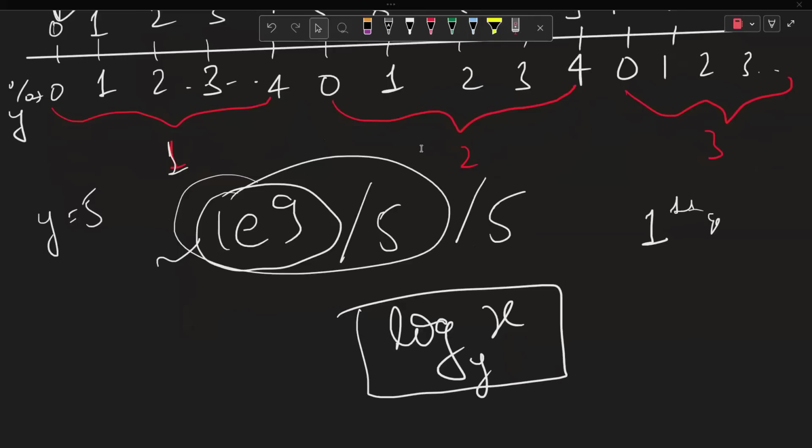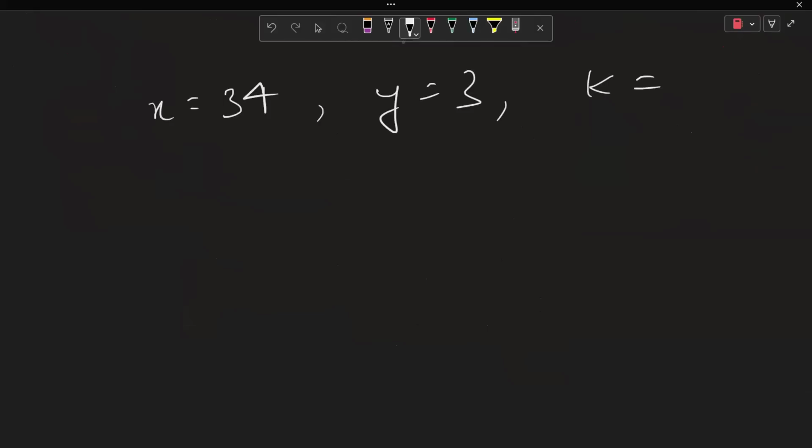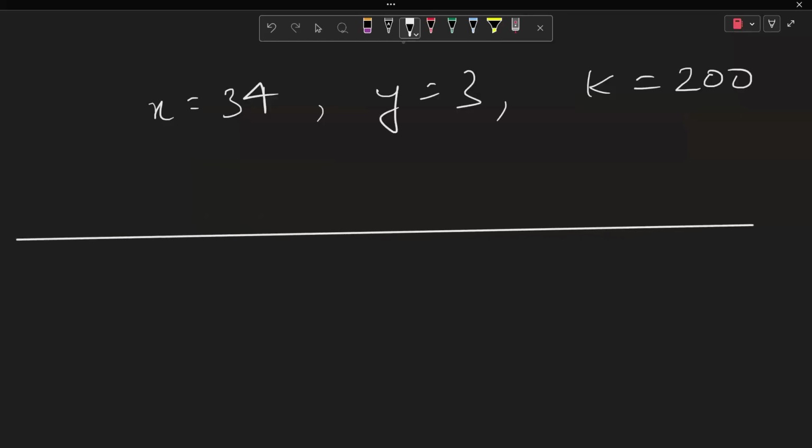So let's again see with an example what we are actually doing. Let's take some bigger value now, let's say x is 34, y is 3, and k is, let's suppose, 200 steps we have to do. Since x is 34, on the number line, y is 3, so you would divide this in groups of 3.